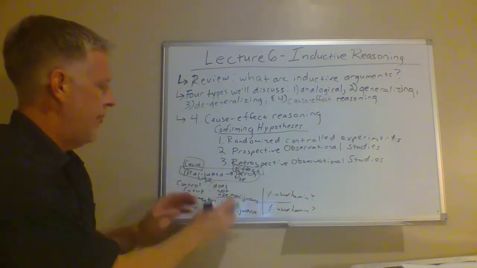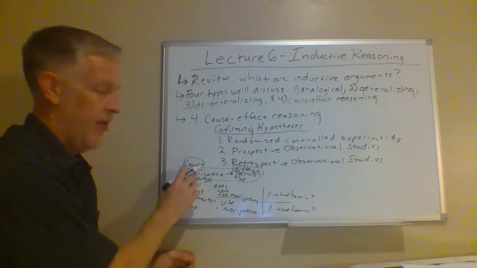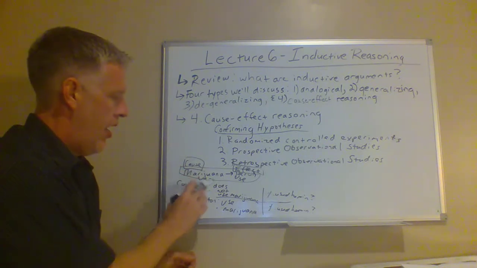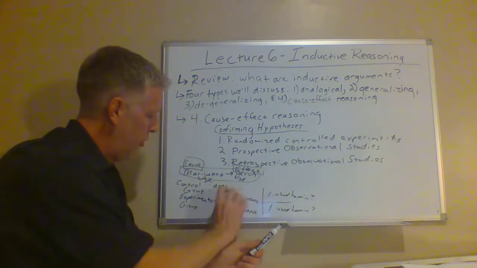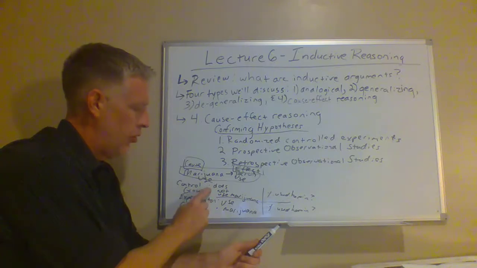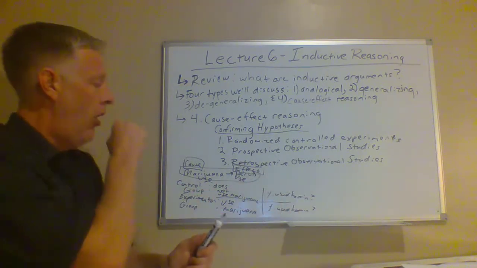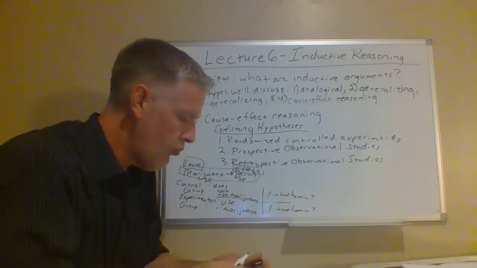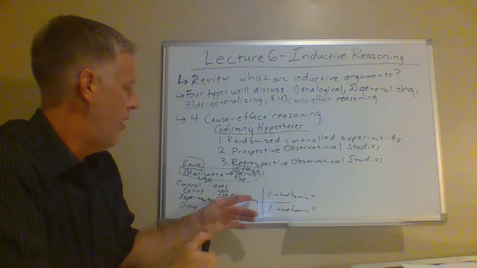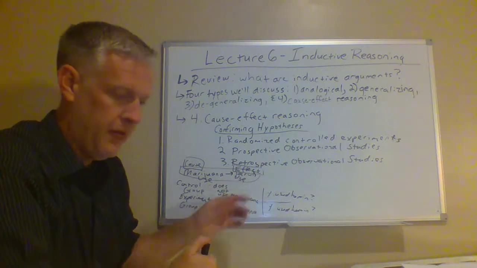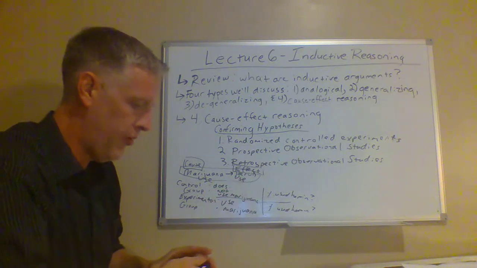So we would subject the experimental group again to the suspected causal factor, and then we assess both groups, the experimental and control group. The control group again was not subjected to the causal factor, and we'd assess both groups for the percentage of the group that had the effect, who in this case used heroin.